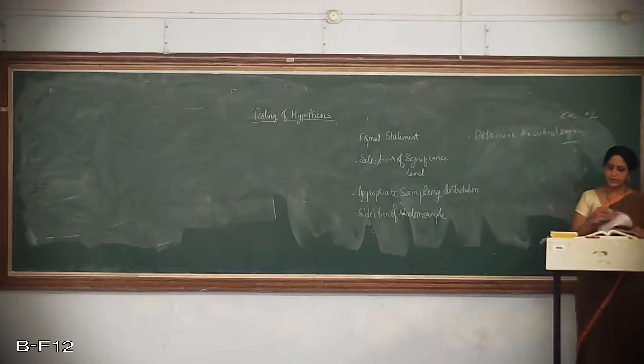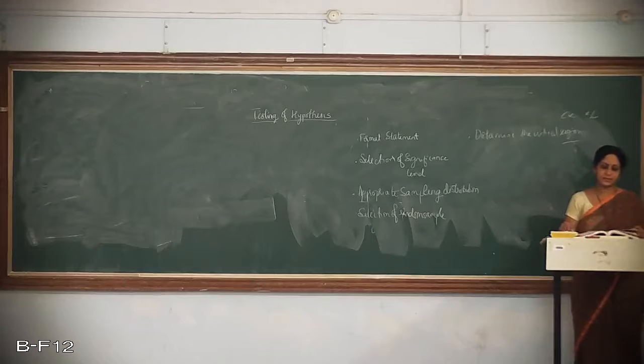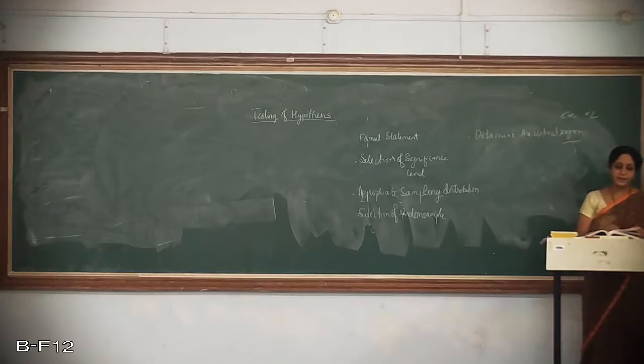Here there are very interesting problems with respect to the different parametric tests. When we come back to non-parametric tests, I'll read it out. Under non-parametric tests, there are the sign test, the Fisher-Irwin test, the McNemar test, or the Wilcoxon matched pair test.